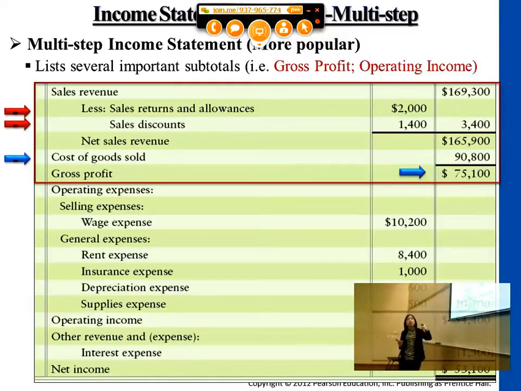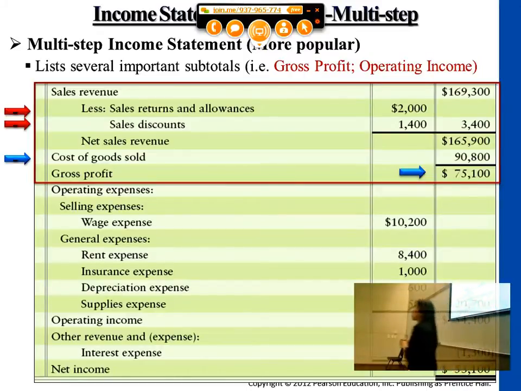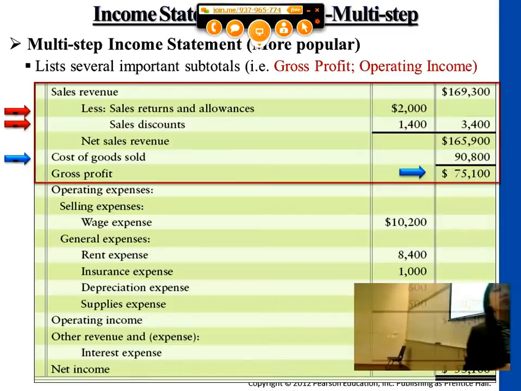So first section, we start from sales revenue, and then if there are any contra accounts, of course, we want to reduce them to represent net sales. And then use net sales minus cost of goods sold. That will give you gross profit. So again, net sales is the retail price. Cost of goods sold is the original cost you paid to vendors. Gross profit is the difference between retail price and cost of inventory. So that's the first subtotal.